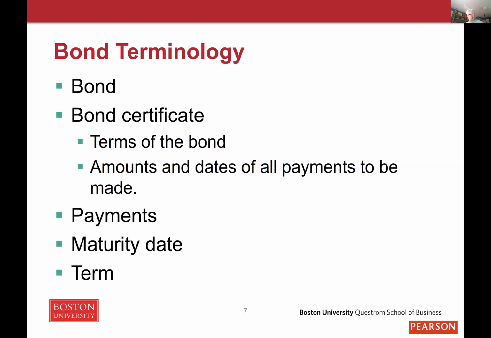Once you understand the structure, you use these keys on your calculator to calculate the value of the bond because it's an annuity. The maturity date is the final date when the face value gets paid, and the term is the length of time before that maturity date.